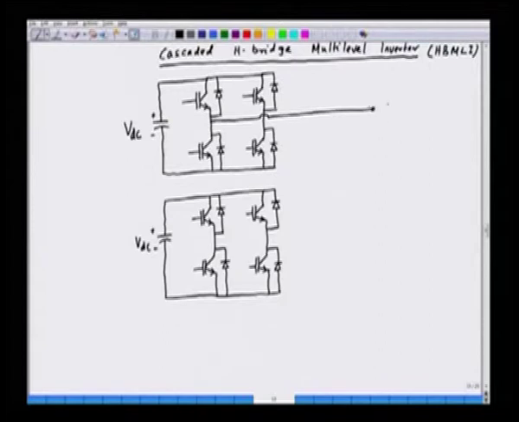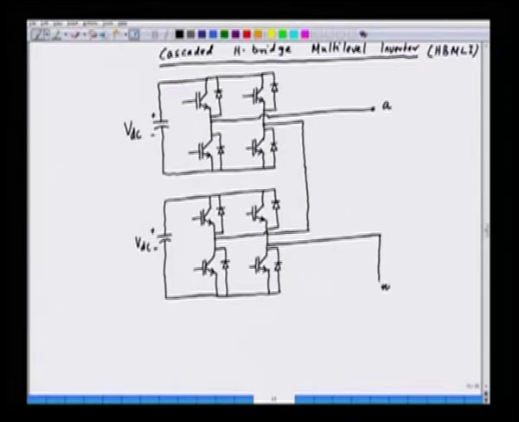Let us say this is for phase A, and this point is connected to the second bridge in the following fashion. And this is one phase, we can have the neutral here.